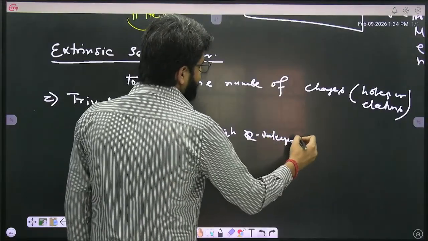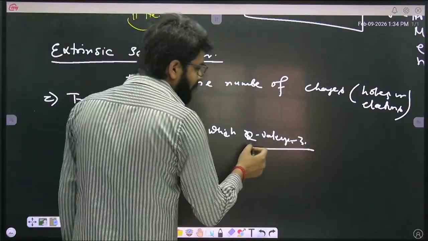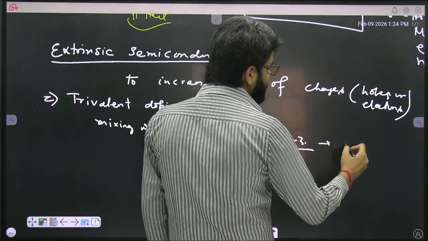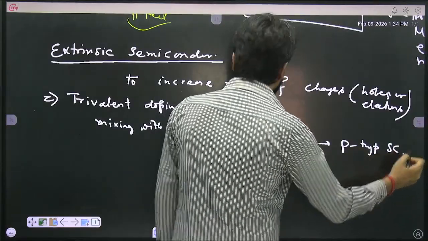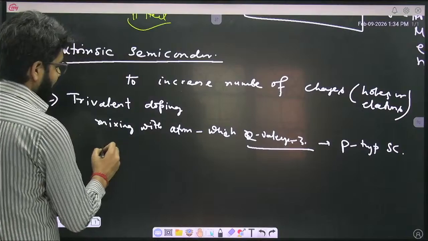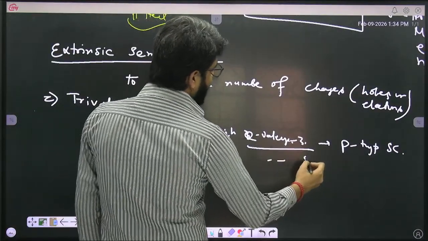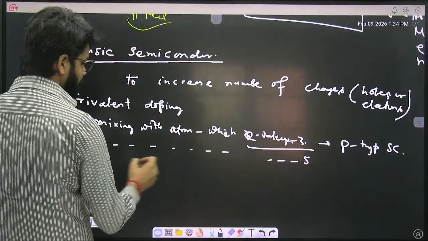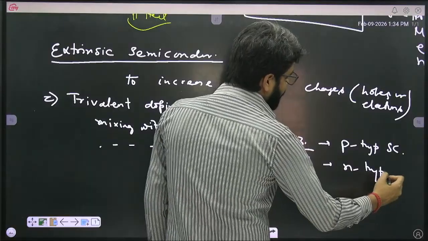When you mix with a trivalent atom, we get a p-type semiconductor. And mixing with an atom which has valency equal to 5, that is pentavalent doping, we get an n-type semiconductor.